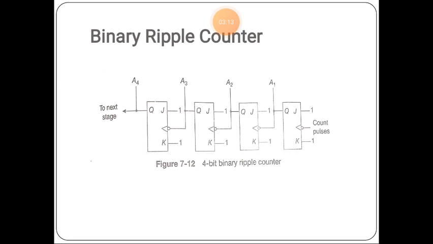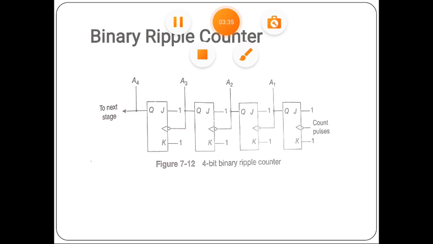A binary ripple counter consists of a series connection of complementing flip-flops, which are T or JK flip-flops, with the output of each flip-flop connected to the clock input of the next higher order flip-flop.